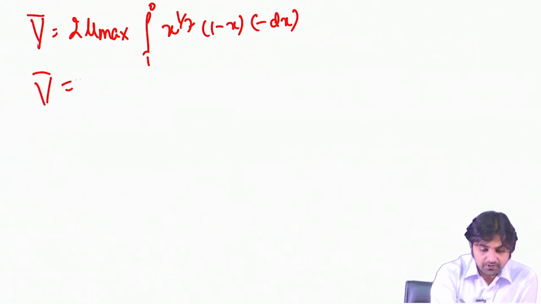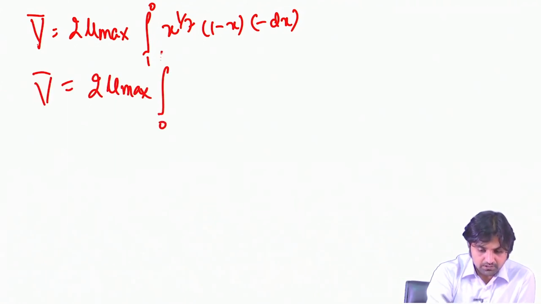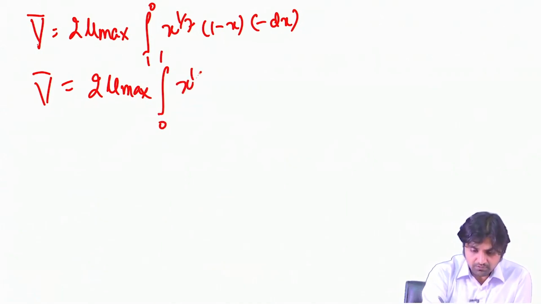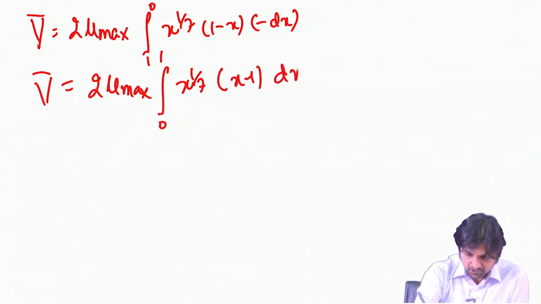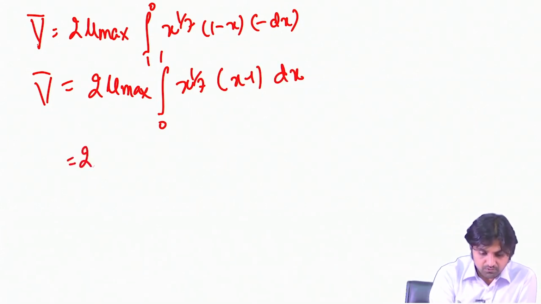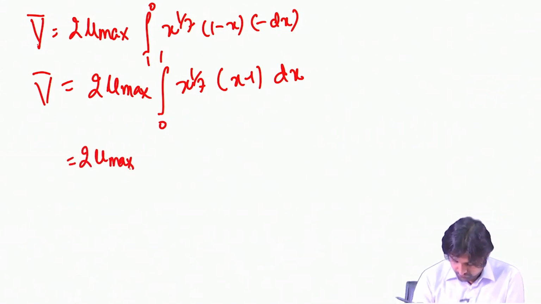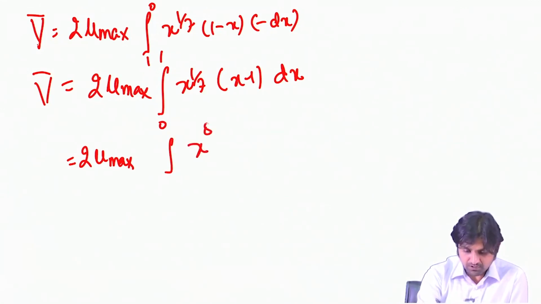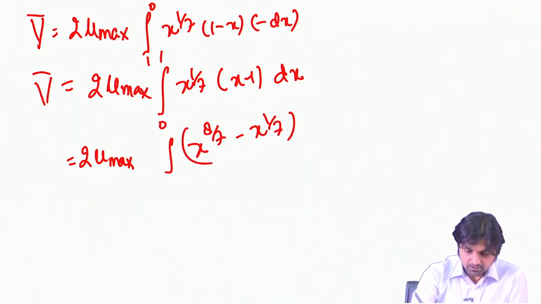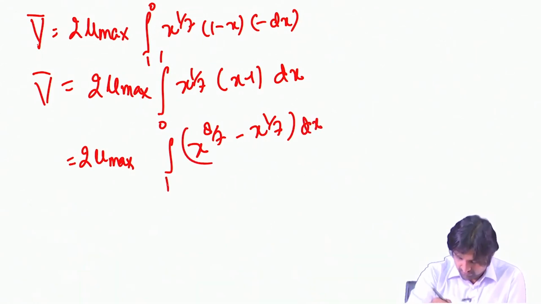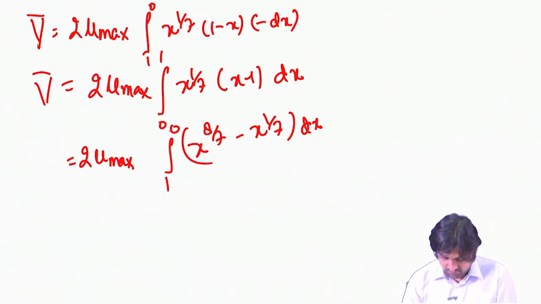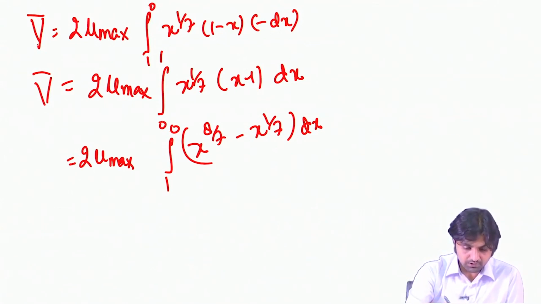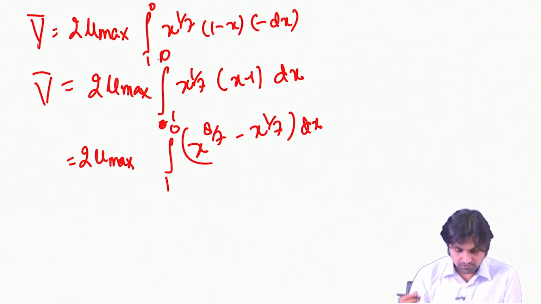So, it will be 2 u max integral 0 to 1 x to the power 1 by 7 into x minus 1 dx, or 2 u max integral x to the power 8 by 7 minus x to the power 1 by 7 dx, with limits 1 to 0. These limits have to be checked.